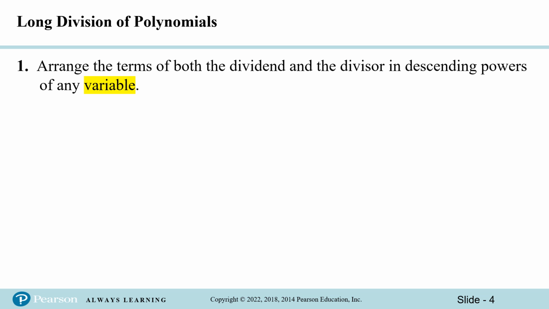So if you had something like 4 plus x, and that needs to go into 7 plus x squared, we would have to rearrange it. We would have to switch these around, put this first and this second and this last. It does have to be written in descending order.